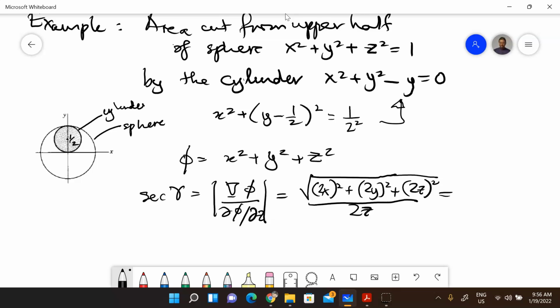Now x squared plus y squared plus z squared is equal to 1. So when we take the square root, it will be 2. So in other words, your secant gamma is 1 over z.